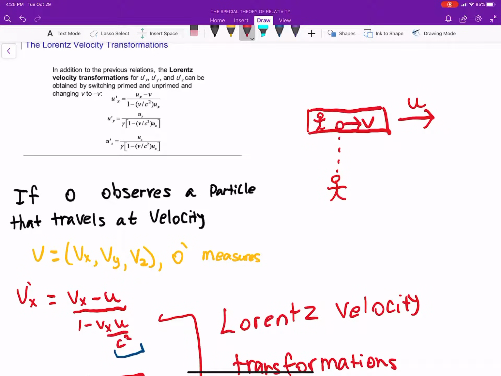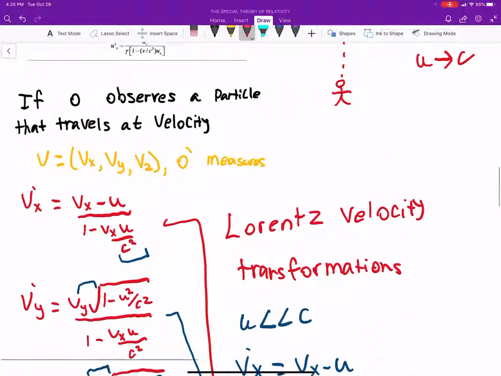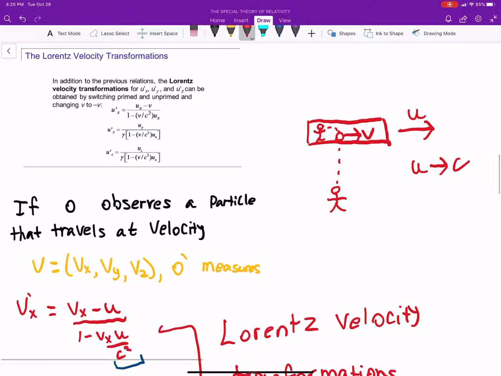How fast I measure it compared to how fast you measure it, well, we could use a Galilean transformation, but let's say u is getting closer to the speed of light c, this theoretical train. Then we have to use these transformations that relate how you see it compared to how I see it. So hopefully that makes sense, and I will do another video tomorrow.